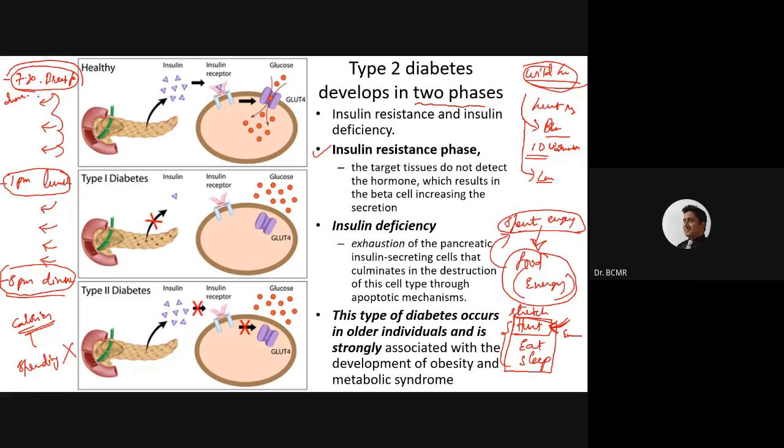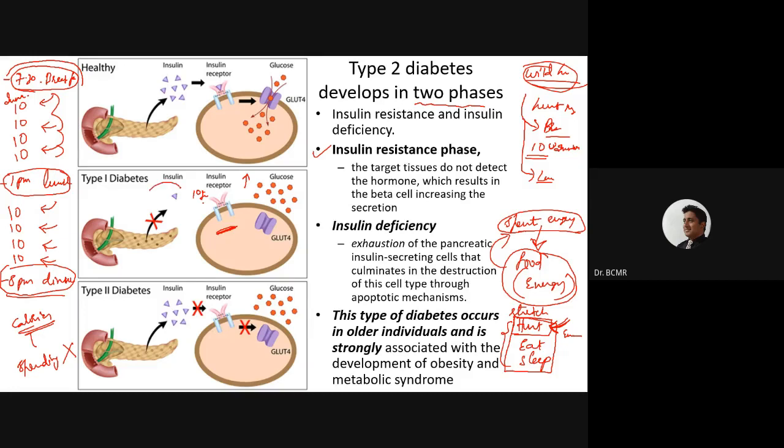Now, if we compare with our own body, our lifestyle, we eat so much food: 10, 10, 10. Everywhere, 10 units of insulin is being secreted all throughout the day. So the target cells become resistant to 10 units of insulin. And then because these target cells have become resistant to 10 units, blood glucose increases.